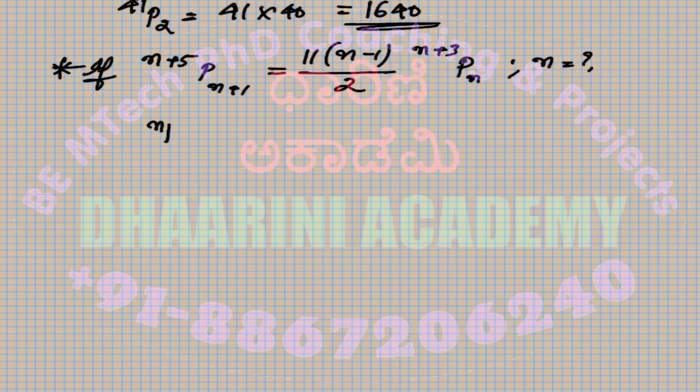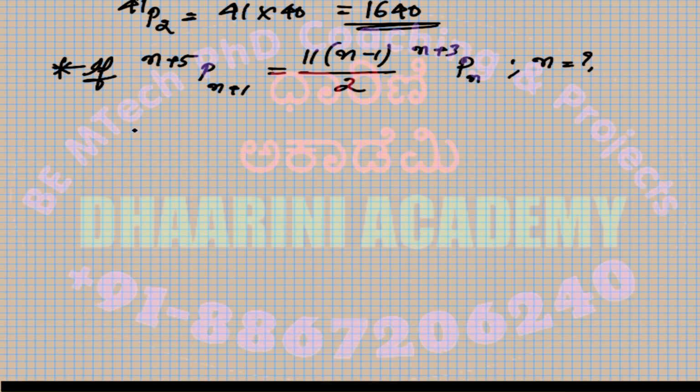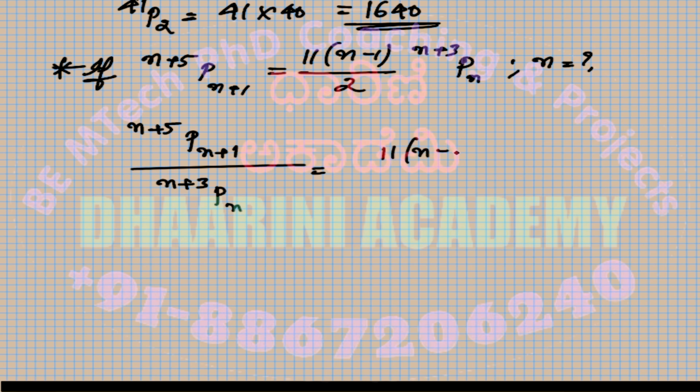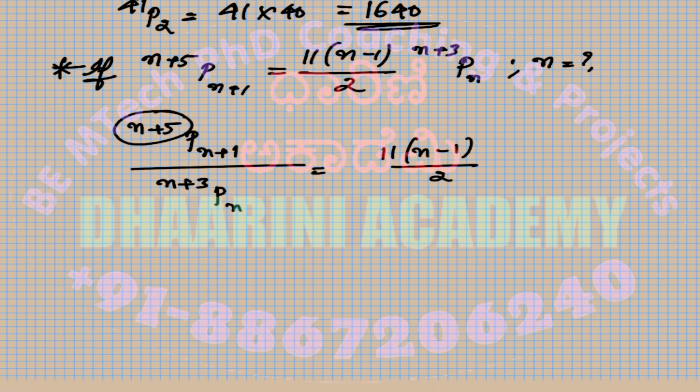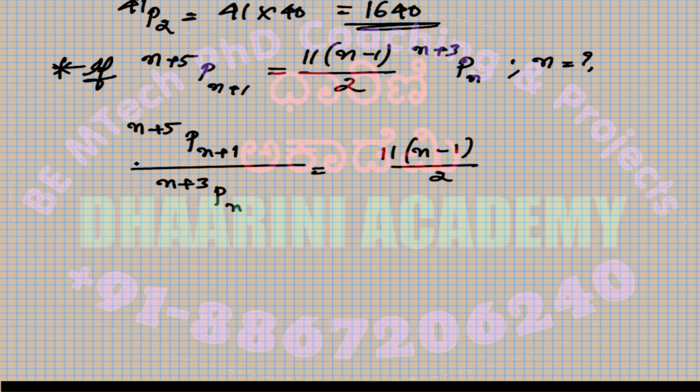So this is (n+5)P(n+1) divided by (n+3)Pn should be 11 times (n-1) by 2. Apply the property and make this also n+3 somehow. Right? So the property is, if I have nPr, I can write it as n into n minus 1, and every time I reduce, I have to reduce the n as well as r.